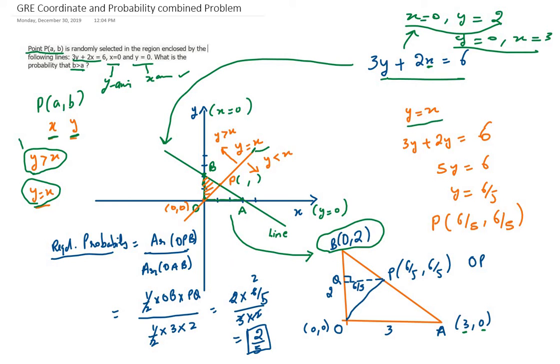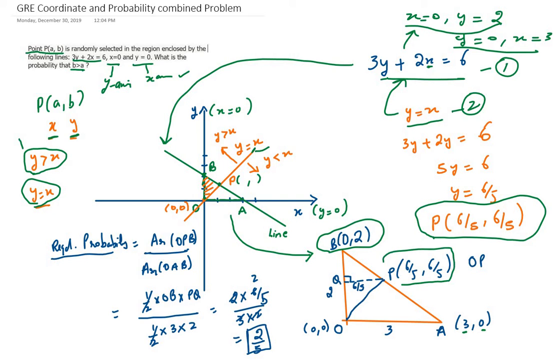When I put y is equal to x in the above equation, this is one equation, this is the second equation. When I solve these two equations, I get the coordinates of the point of intersection of these two lines, which is point P. On solving, I figured out that point P has coordinates 6 by 5, 6 by 5, as you can see here in a bigger, clearer diagram.